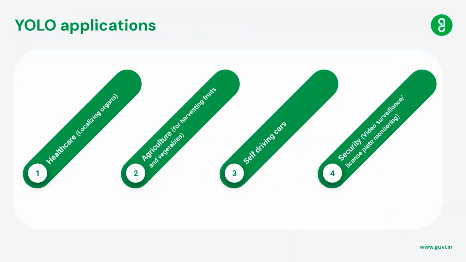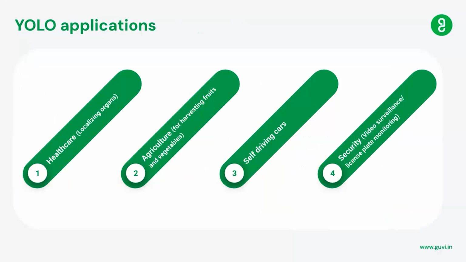YOLO has a lot of applications. In general, when I say YOLO applications, it mostly targets object detection tasks because YOLO is one of the standard algorithms that is used for object detection tasks. So it has applications in healthcare where, let's say, you want to use it for localizing organs. That means a lot of CT scanning or imaging, medical imaging tools.